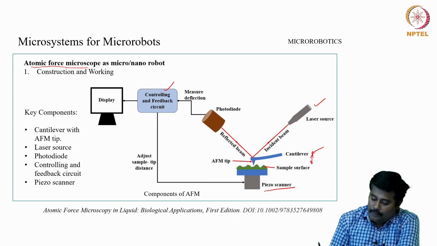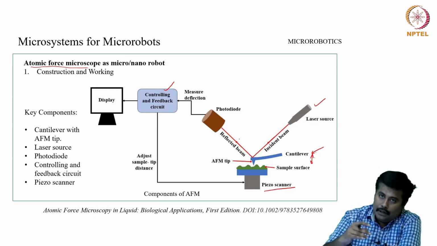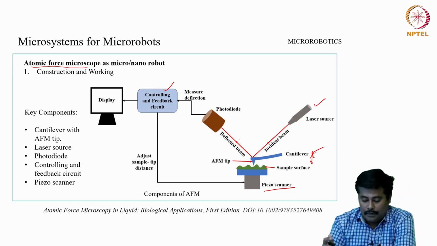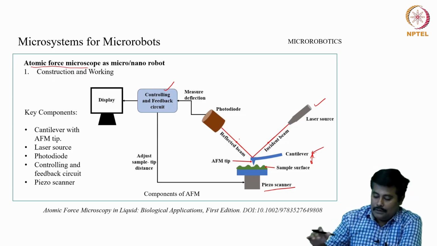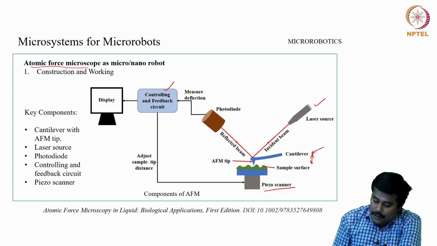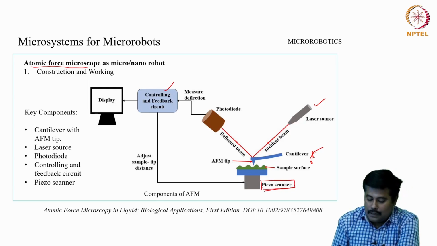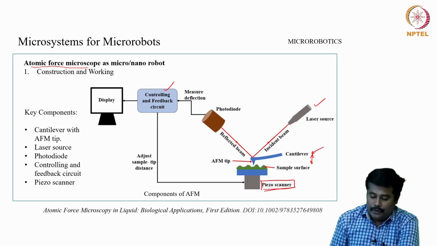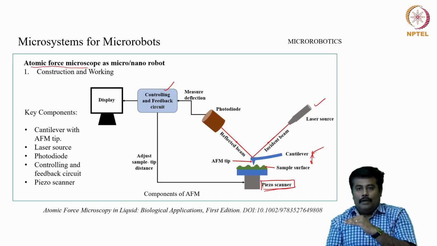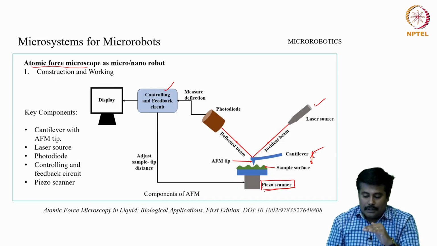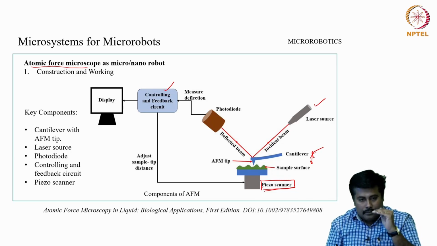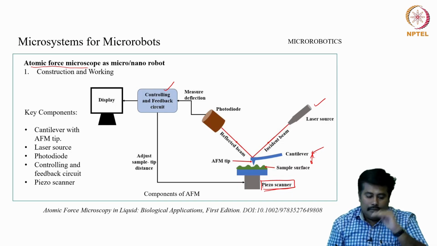Now, the waviness in the cantilever beam is continuously monitored using a reflected beam, and the overall deviation happening on the sample surface is measured using the piezo scanner. The piezo scanner is mainly meant for manipulating the sample based on the cantilever motion.